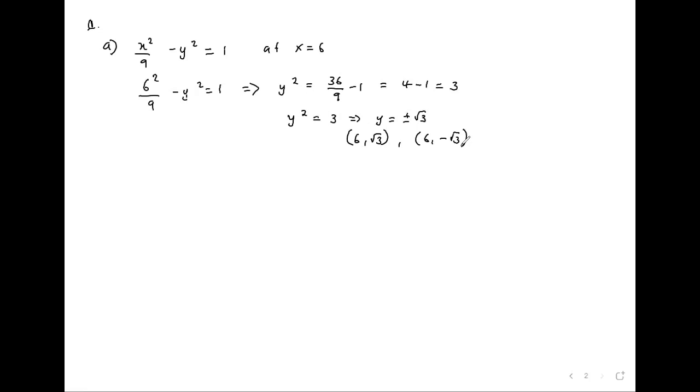So the tangent at this point, you differentiate that guy, it will be 2x over 9 minus 2y dy/dx is 0. So that dy/dx is equal to 2x over 18, which is the same as x over 9.